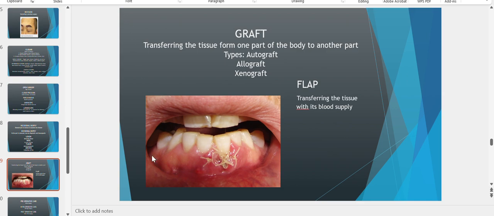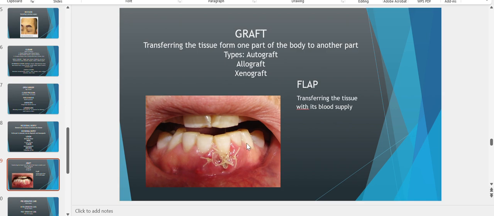So, what do we mean by graft? Graft means transferring tissue from one part of the patient's body to another part of the body. It may be an autograft, allograft, or xenograft, or some other type of graft. But simply, auto means the tissue is transferred from one part of the patient's body to another part of the same patient.